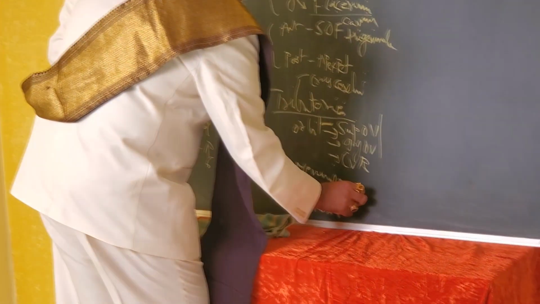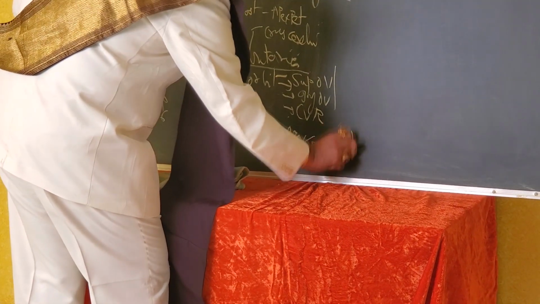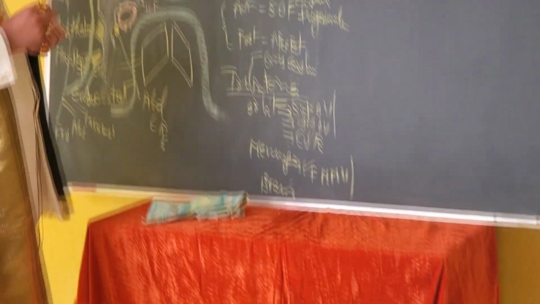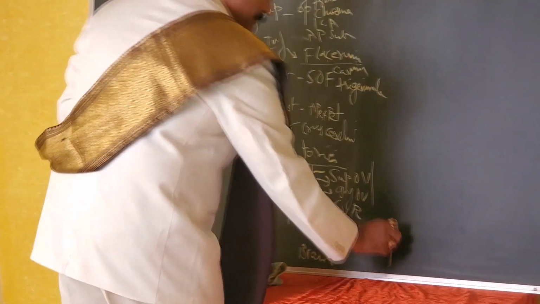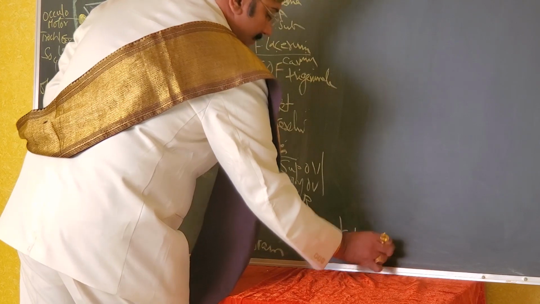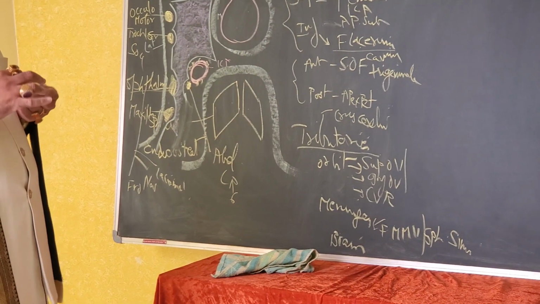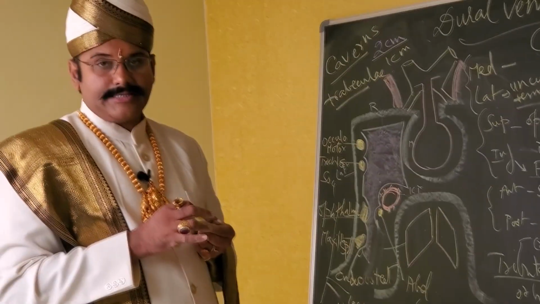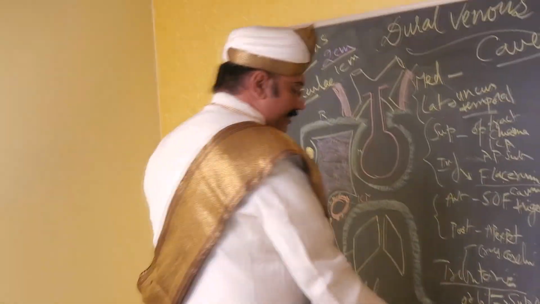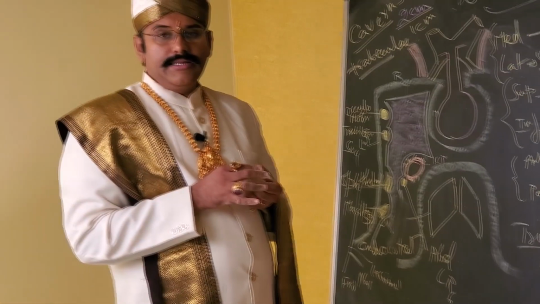And from the meninges, what do you have? The frontal trunk of the middle meningeal vein and the sphenoparietal sinus. These are the tributaries coming from the meninges. And what are the tributaries from the brain? From the brain you have got the superficial middle cerebral veins and the inferior cerebral veins.